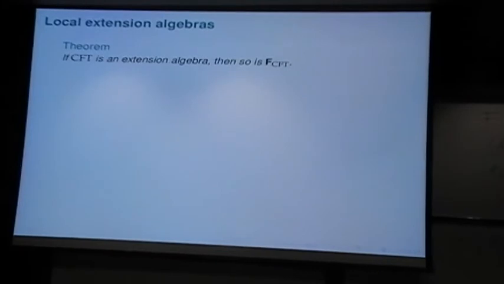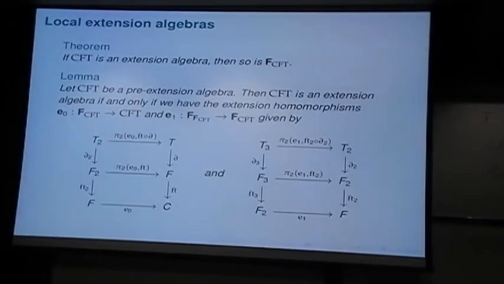You have a theorem: if CFT is an extension algebra, so these associativity conditions hold, then they also hold for the structure that we just defined, the f of CFT. That's good to know. There's another lemma, which we don't really need, but it says that a pre-extension algebra is an extension algebra precisely when these two things here are pre-extension homomorphisms.